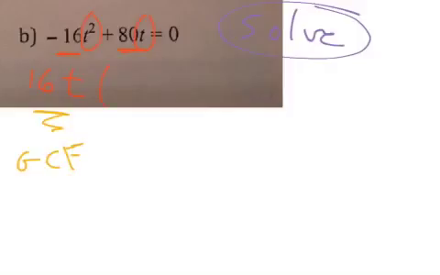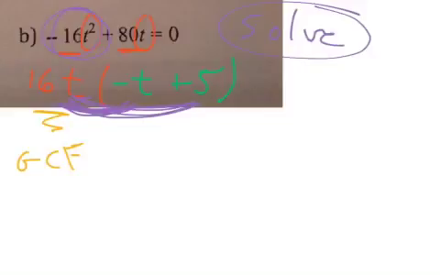So what do we have left? Well, does everybody agree that if I did a negative t here, 16t times negative t is negative 16t squared. And if I do a plus 5, well, follow the purple again, 5 times 16t is 80t.